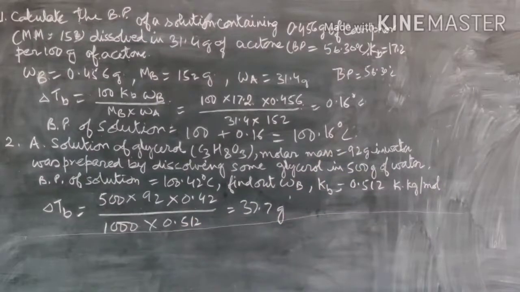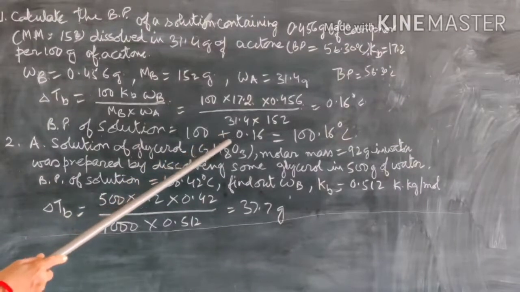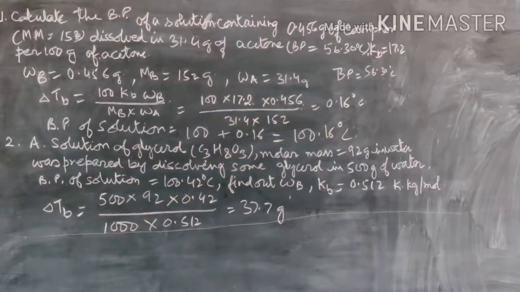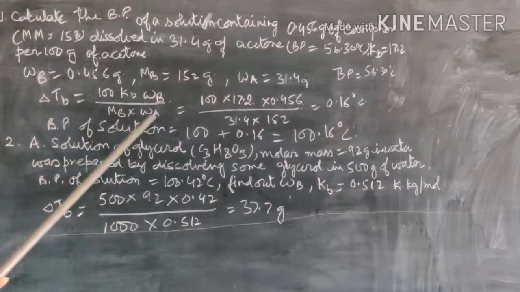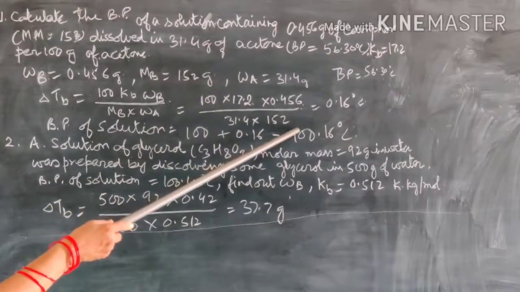You can also calculate in the Kelvin scale. Then here you will add 373 plus 0.16, and you can get the boiling point in the Kelvin scale also. This is the formula you all know, and all these quantities are given in the numerical problem.